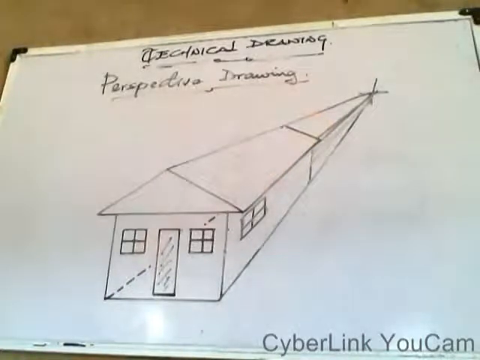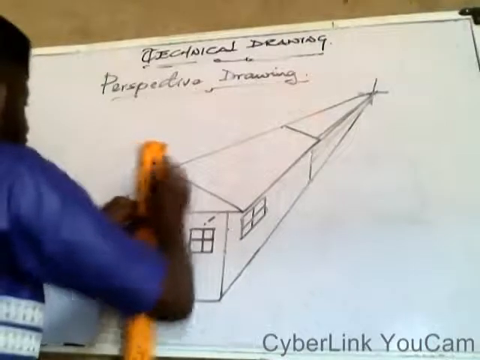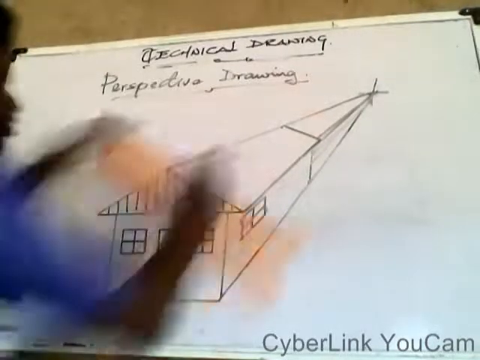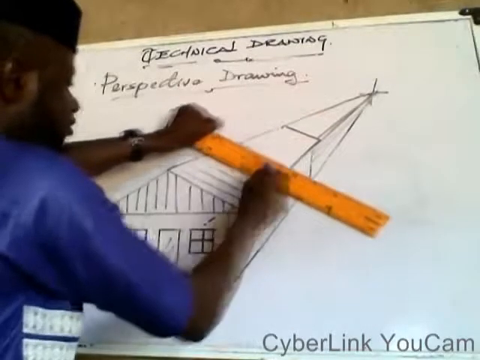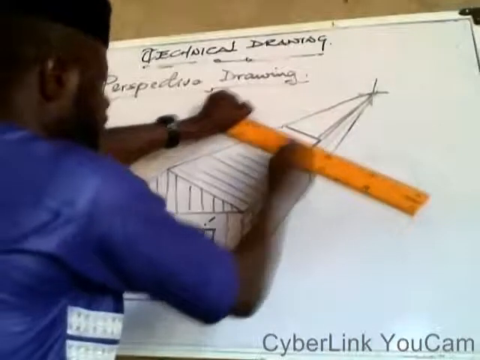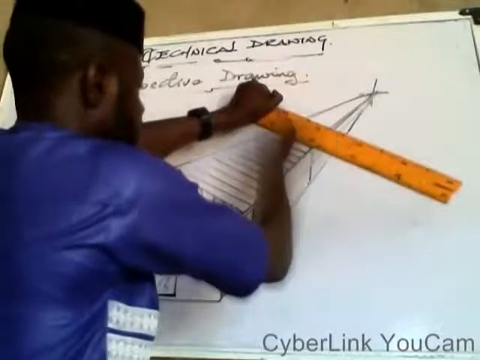You can see that one. So you can now hash your roof to show the configuration. This one can be like this. Can be like this. Like this.